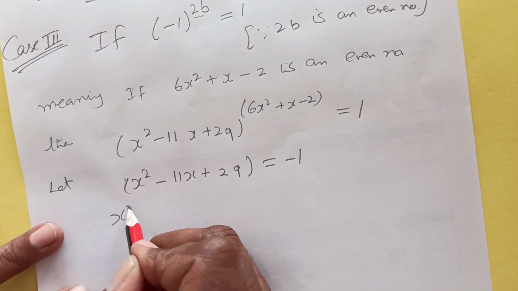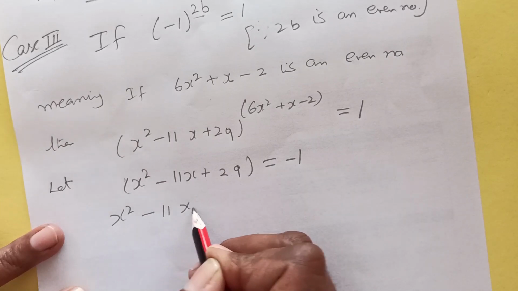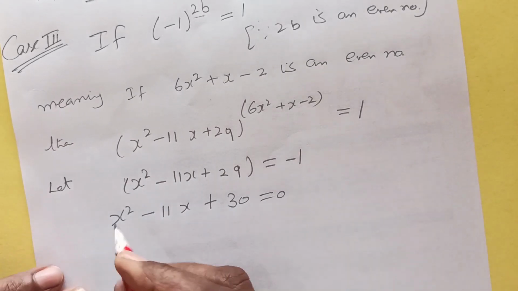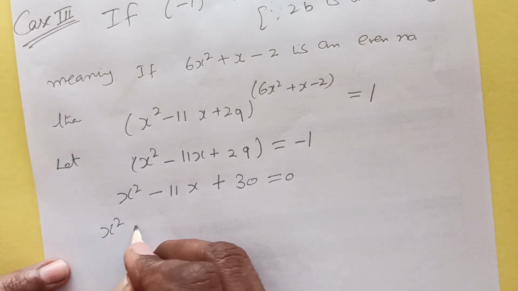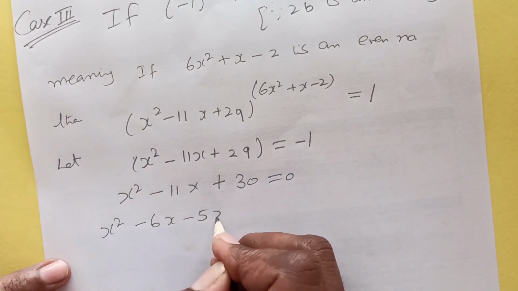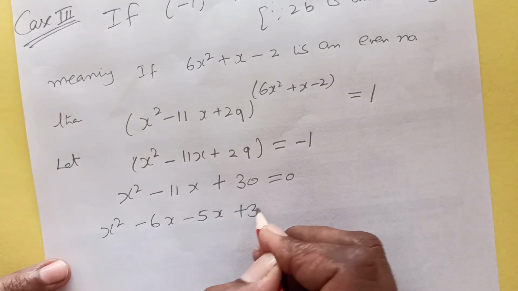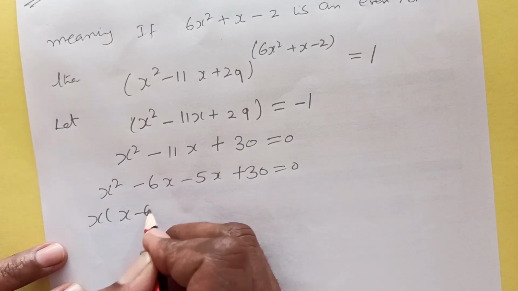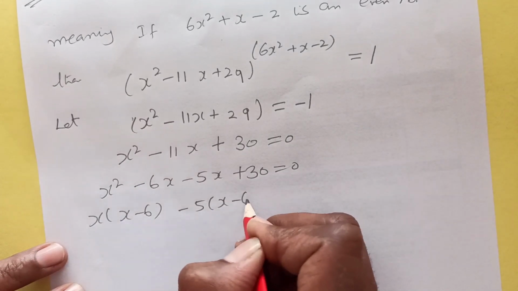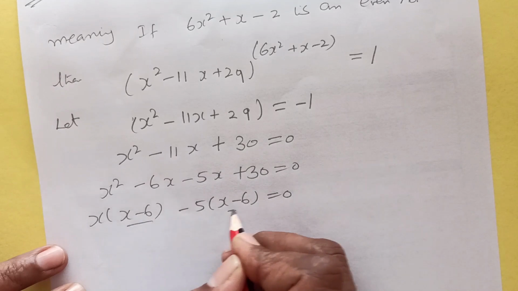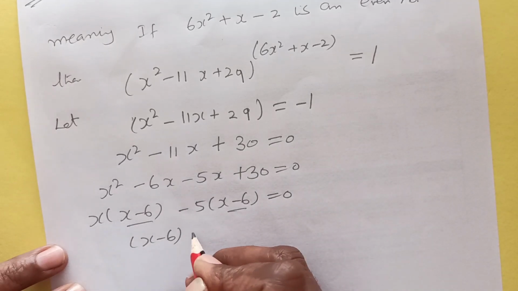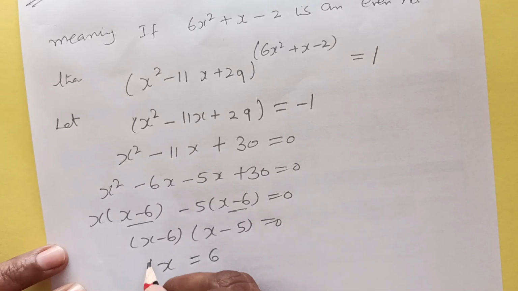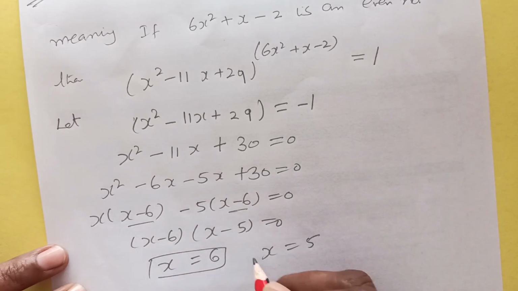Then x squared minus 11x, bringing 29 here, is 30. So make factors, x squared minus 6x minus 5x plus 30 is 0. So x minus 6, like this, then expression x minus 6 is out, is 0. So x is 6 and x is 5, right?